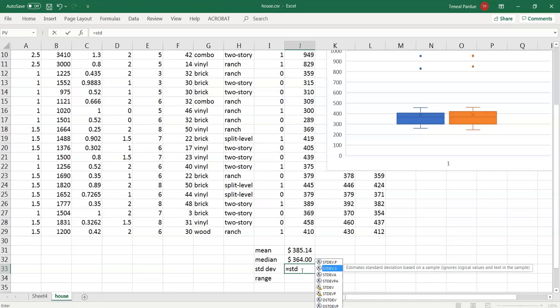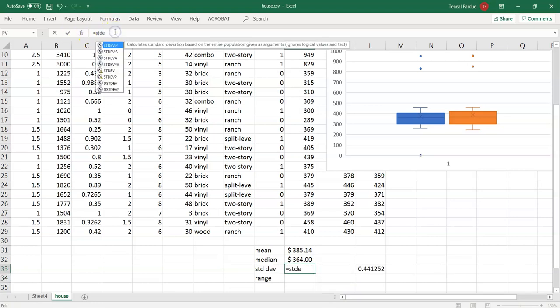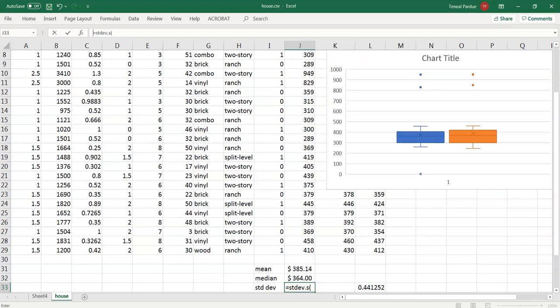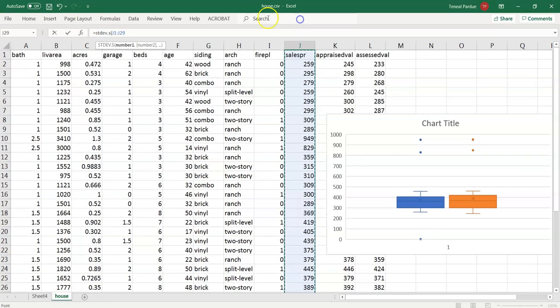STDEV.S for the sample standard deviation. Highlighting all of our data. Well, STDEV.S. I get butterfingers too sometimes.